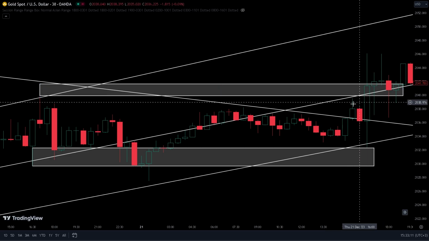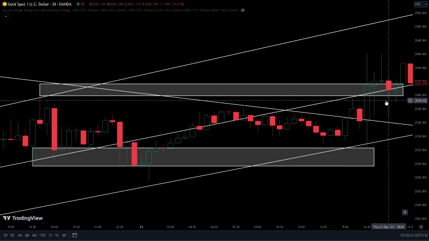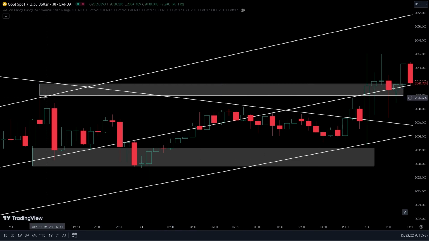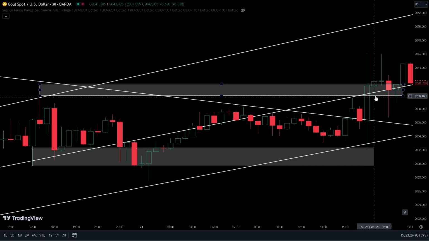There are two areas basically where you can take the trade. The first one is basically immediately at this level over here, 2040 for example, at this candlestick, right? So you can basically take the trade over here, right?